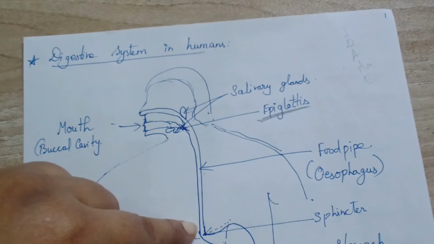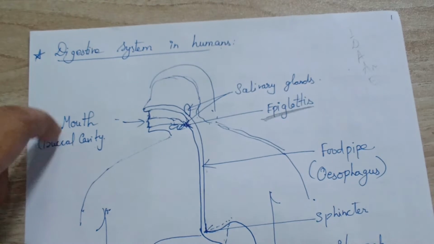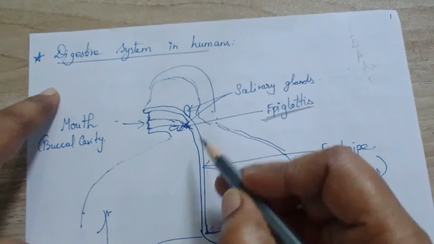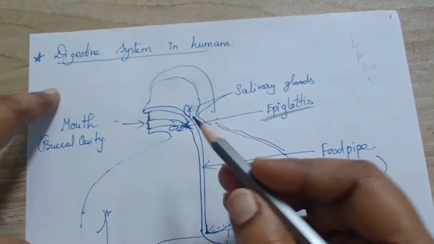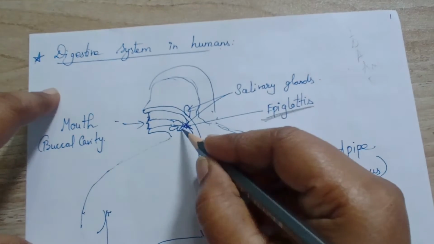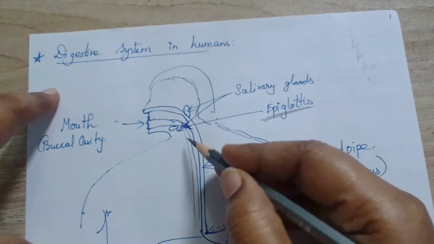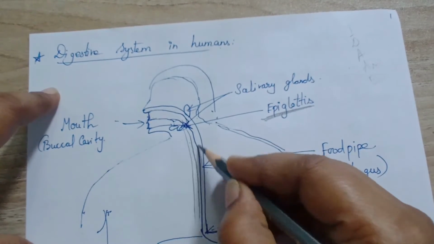Usually we breathe, inhaling air through our nostrils, but not only through the nostrils, we also get some air through the mouth. If you see from the front side, you will have the windpipe at the front, and behind the windpipe you will have the food pipe.